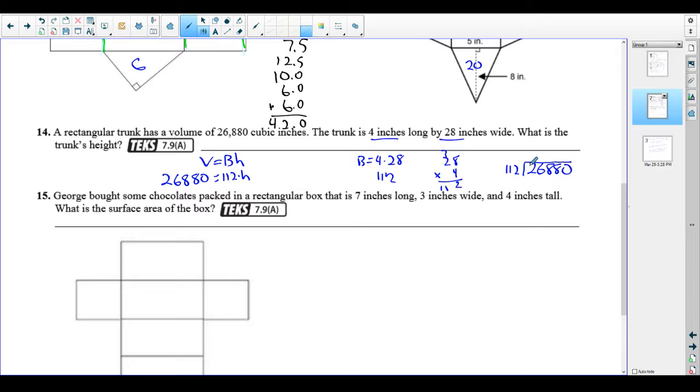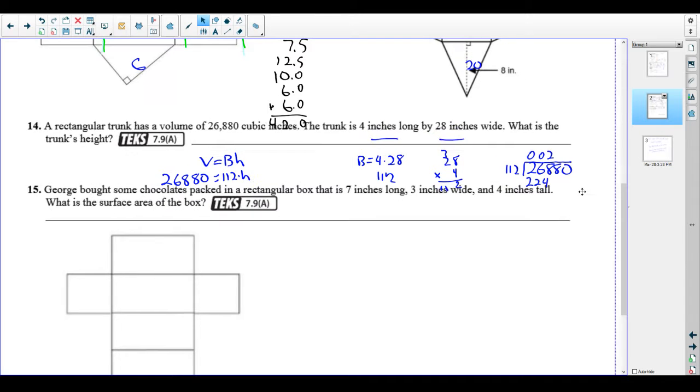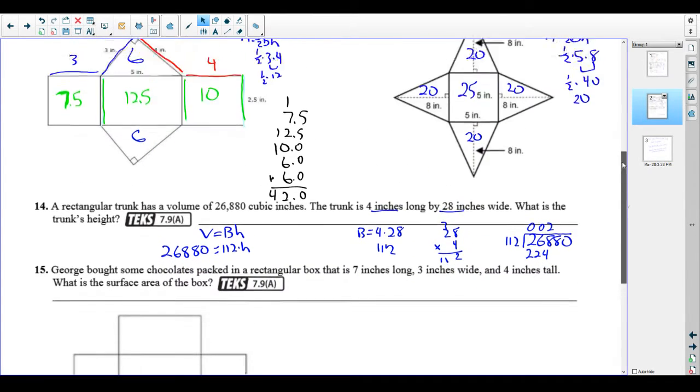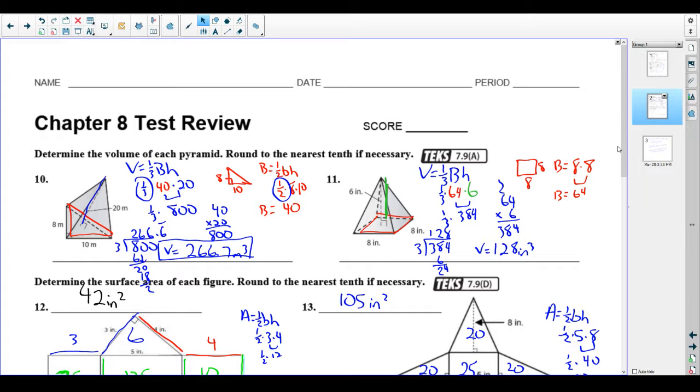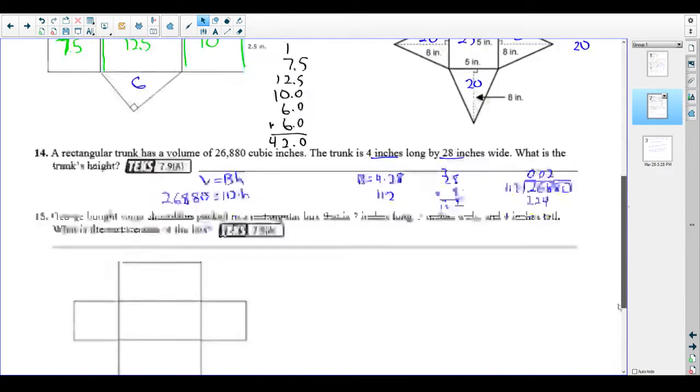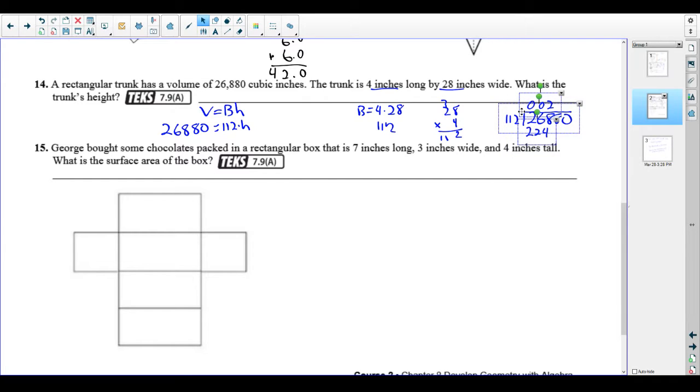So 112 can't go into 2, can't go into 26, goes into 268, I believe, twice. 2 times 112 is 224. I'll move this down here so we have some room to work.